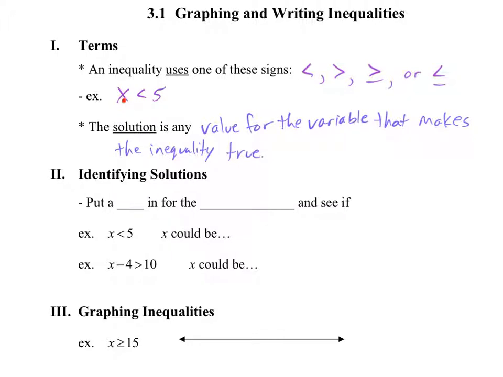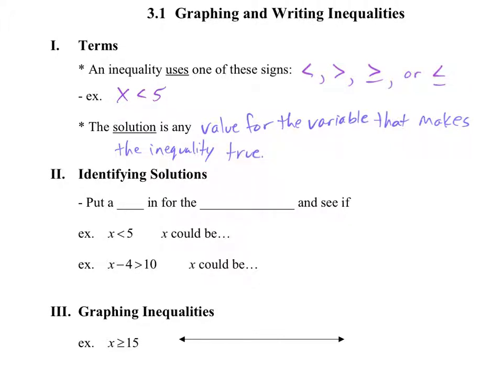So for x right here, one answer could be 4. One answer could be 3. One could be 2.7. Oh, wait, negative 7. Yep. Pi would be an answer. So anything that's less than 5, all the negative numbers, decimals, all that stuff.